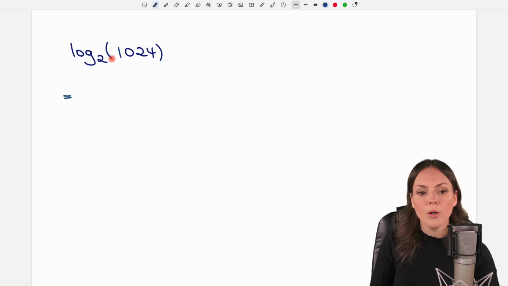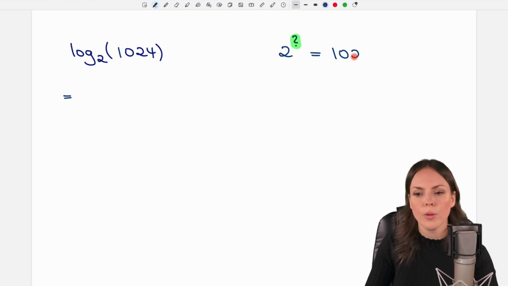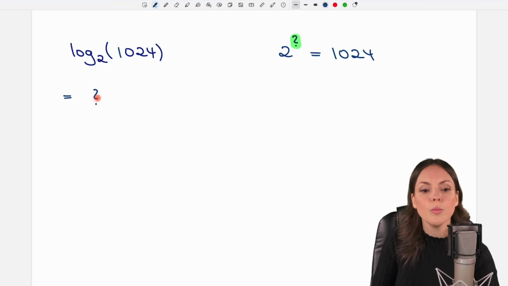And to find it, we always take the base, so the 2 in our case, and ask ourselves: 2 raised to the power of which number is going to be equal to 1024? 2 to the power of which number is going to be equal to this. And this number, the green one that we have to find, is going to be our result of our logarithm.